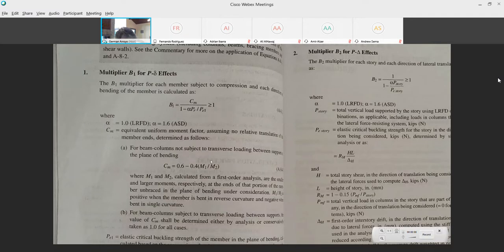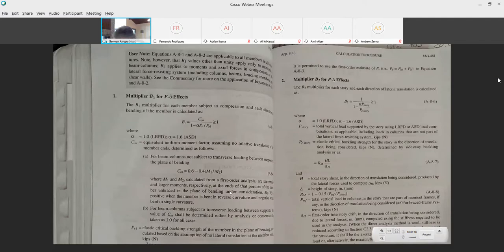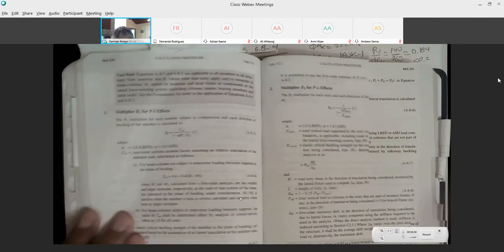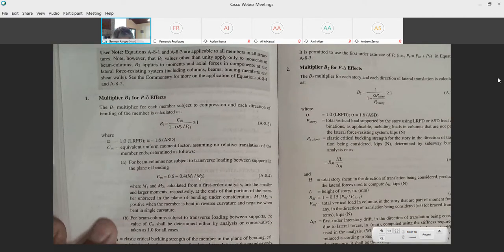And you have to remember that for this formula for C sub M, whenever we had the moment, this ratio M1 over M2 is positive when the member is bent in reverse curvature, and it's negative when it's bent in single curvature.